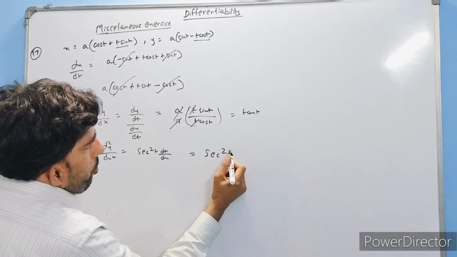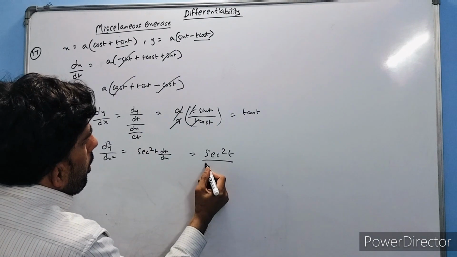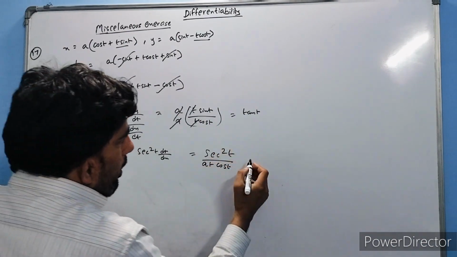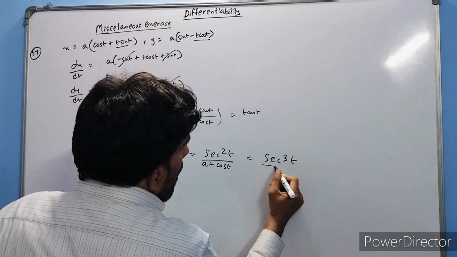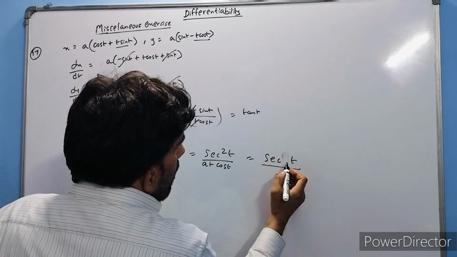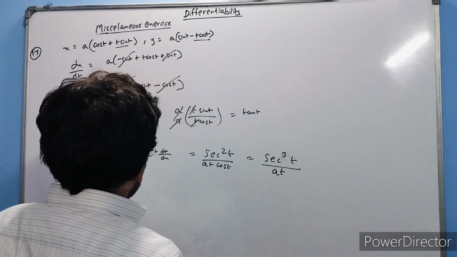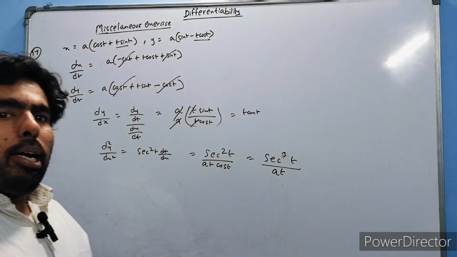So we have sec square t times dt upon dx, which is 1 upon a t cos t. 1 upon cos is sec, so we have sec cube t upon at. So that is how we are able to differentiate the function.